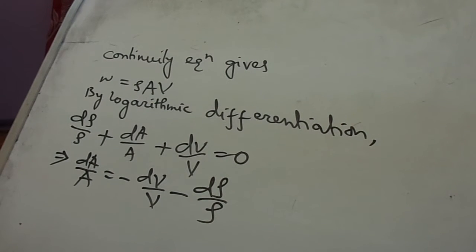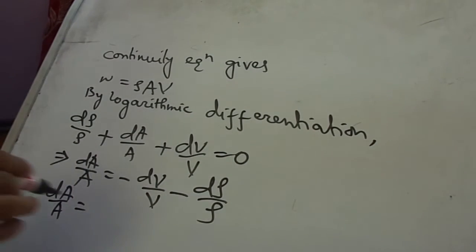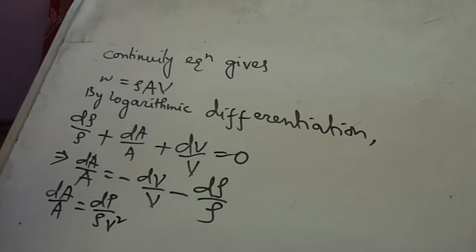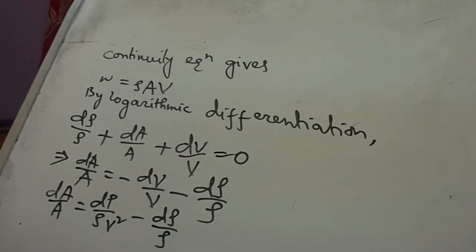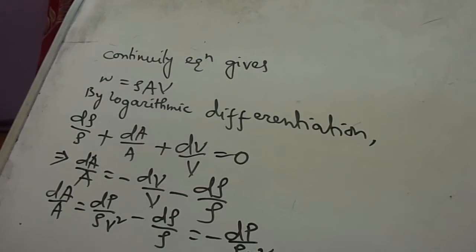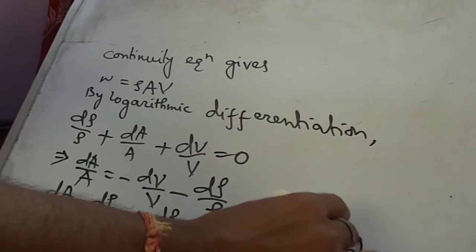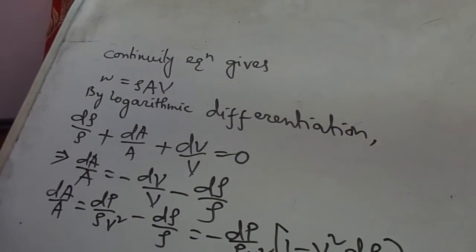Substituting the equation, dA by A is equal to dP by rho V square minus d rho by rho, which is equal to minus dP by rho V square times (1 minus V square d rho by dP).